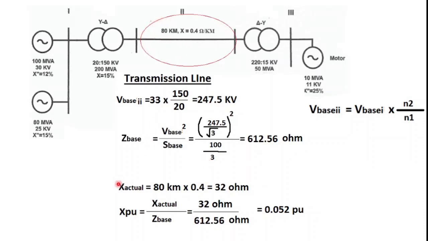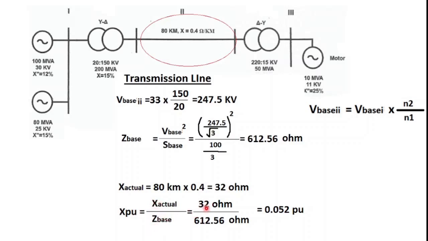Now, these data are to be applied in this formula, like X actual, which is the actual reactance of the transmission line, 80 kilometers into 0.4 ohm, and if we multiply it, we will get the actual reactance equal to 32 ohm. Now we all know that the per unit reactance is equal to actual reactance divided by base impedance.